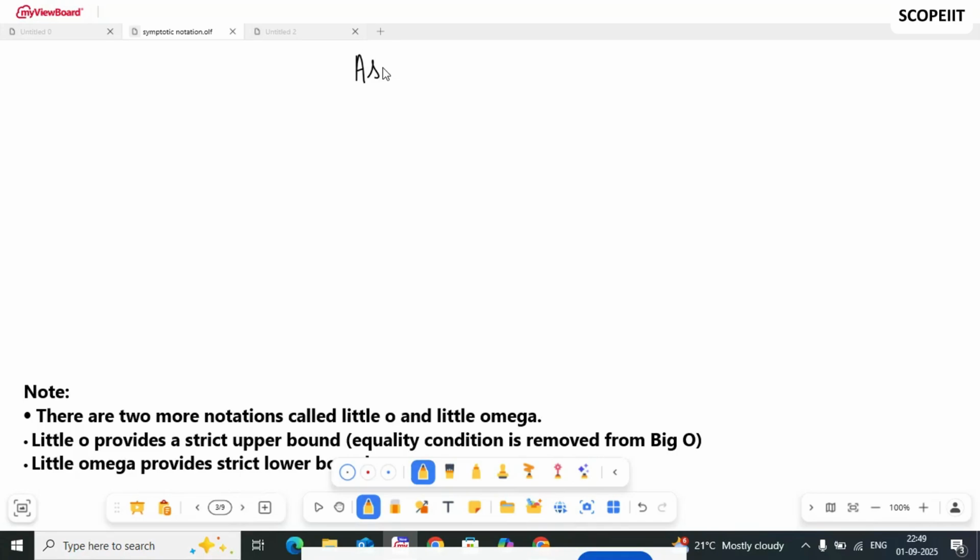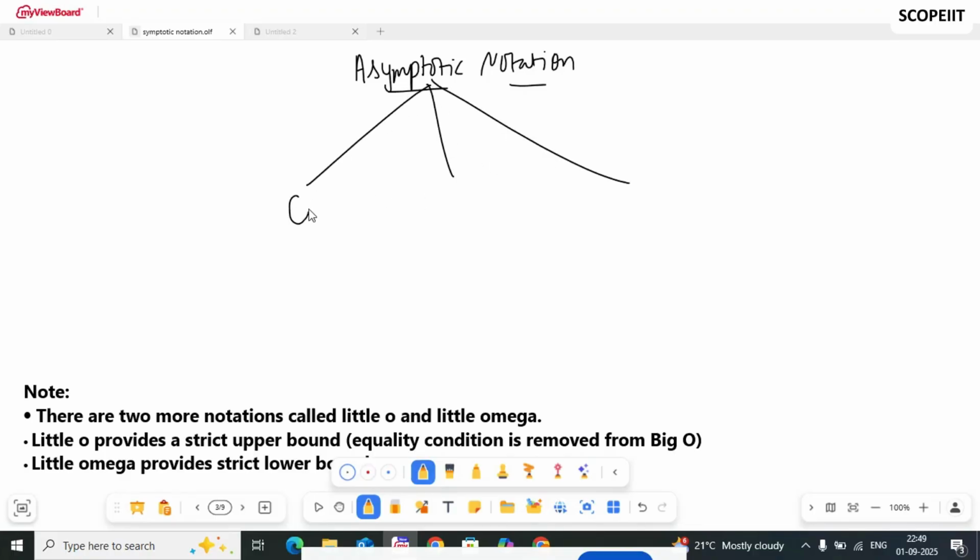The first one is big O, then omega, and the third one is theta. This is a symbol. This is known as big O, this is known as omega, and this is known as theta notation.